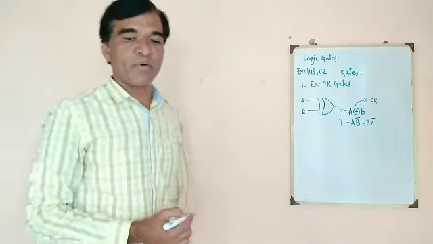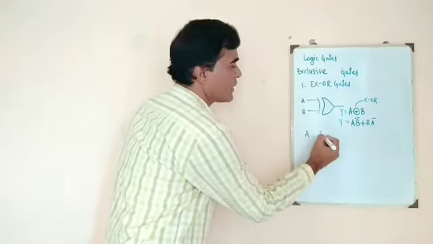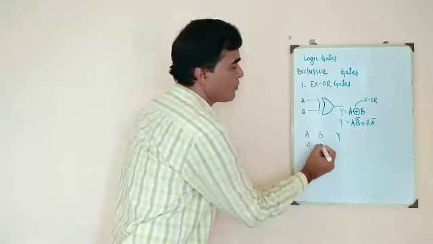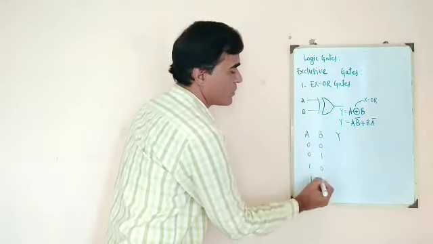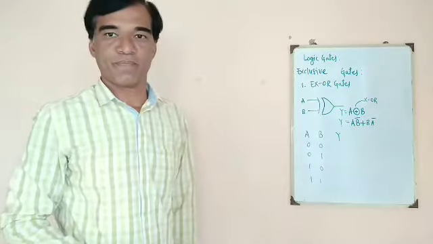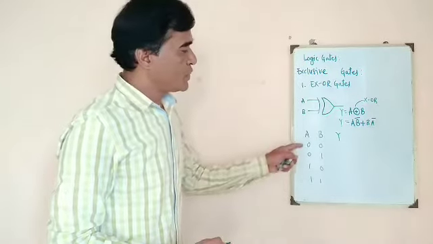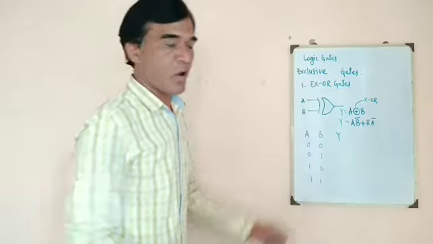The truth table for this XOR gate is, we have inputs A and B, output Y, different input combinations are 0, 0, 0, 1, 1, 0 and 1, 1. When 0, 0 is the input, the output will be 0.